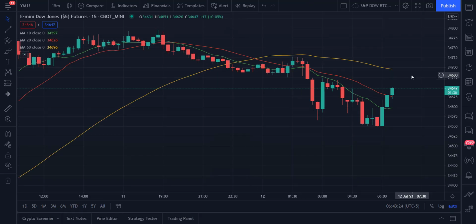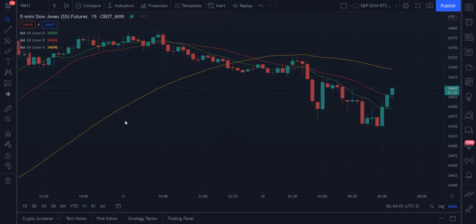And then here we go. On the 15-minute, we have a clear bearish signal. However, look at how we've been pulling up into this recently. That 10 period could end up pulling higher, which would lead to another period of consolidation.